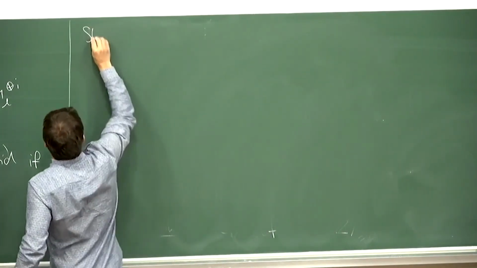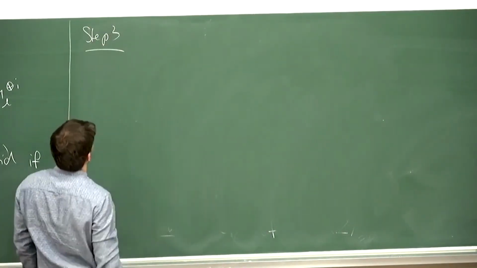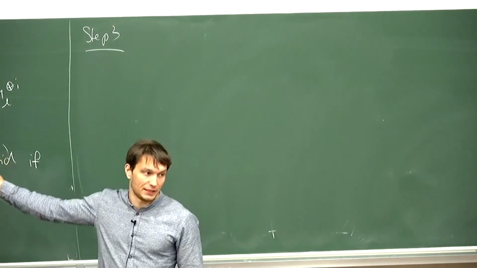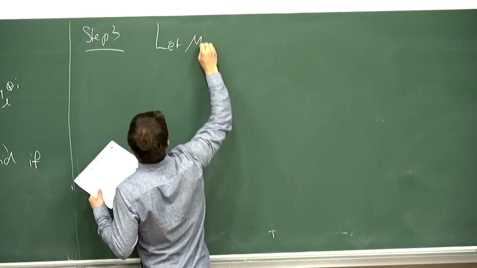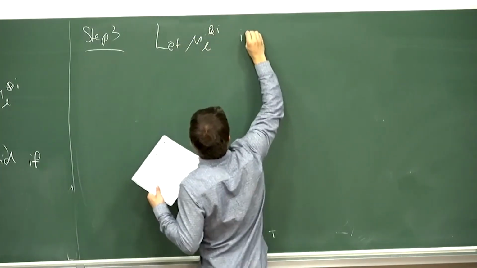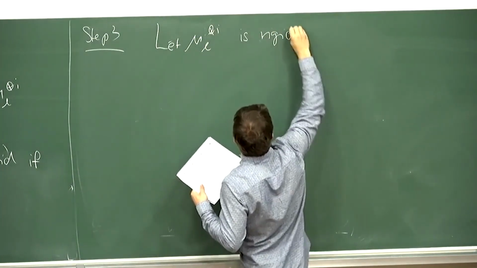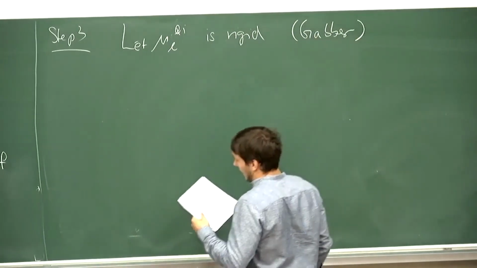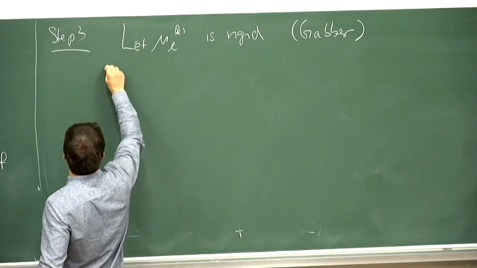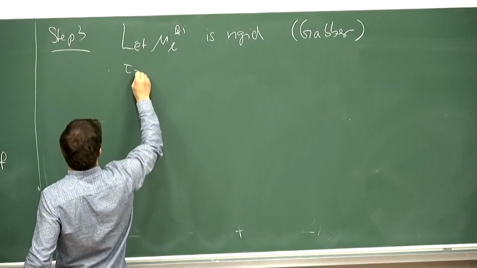So step 3 is that we know that étale cohomology is rigid in this sense, right? So L-étale mu L tensor I is rigid, which I guess is due to Gabber. And therefore the same is true if I truncate.